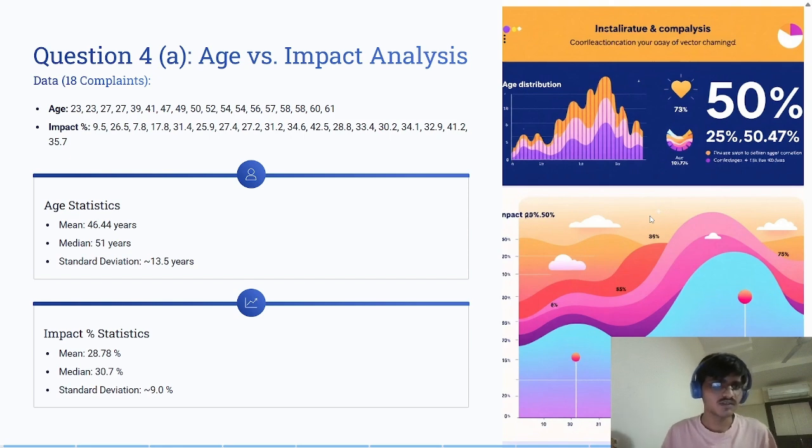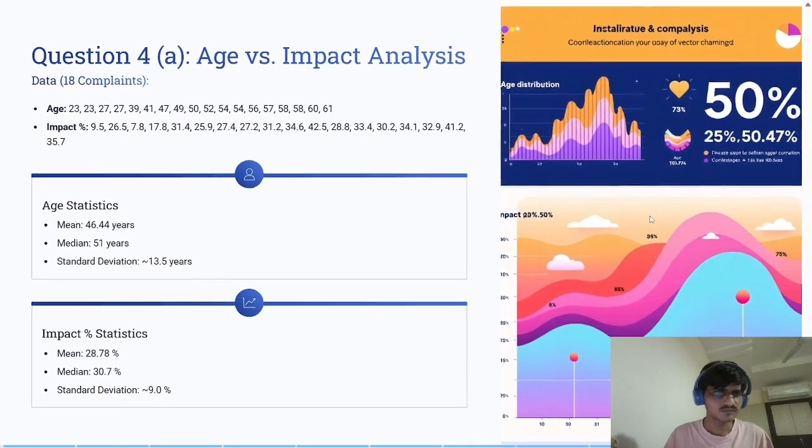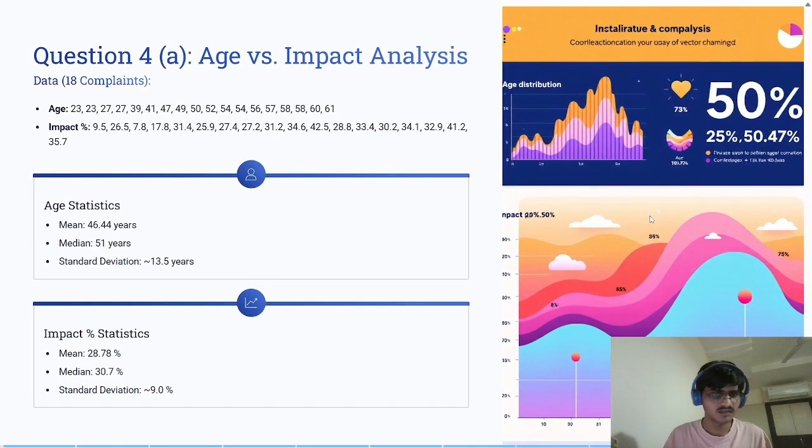As you can see, we have the records here, and the mean comes out to be 46.44 years. The median is 51 years, and the standard deviation after all the calculation is found to be 13.5 years.